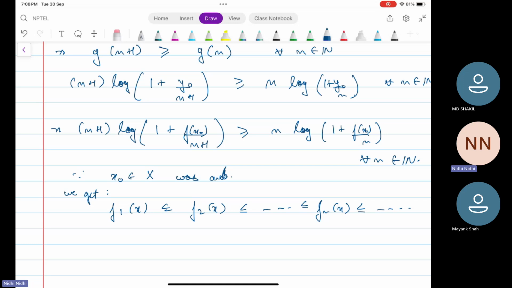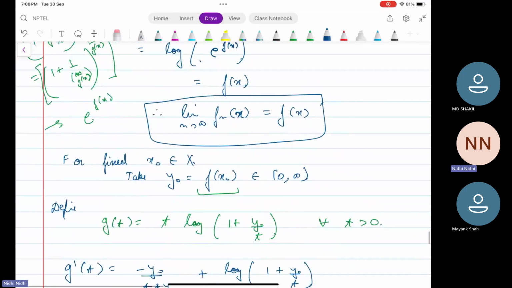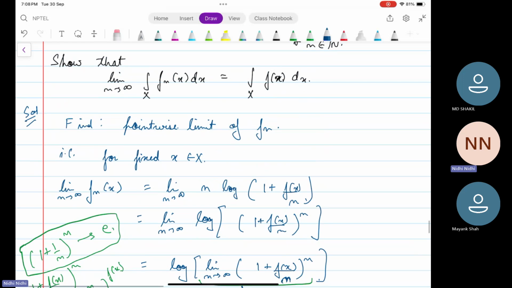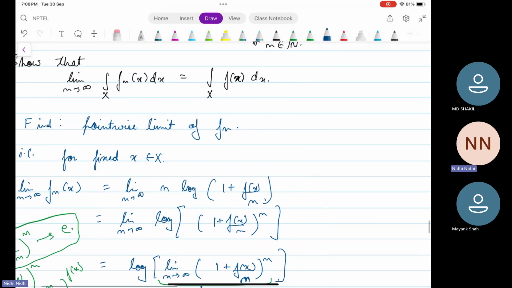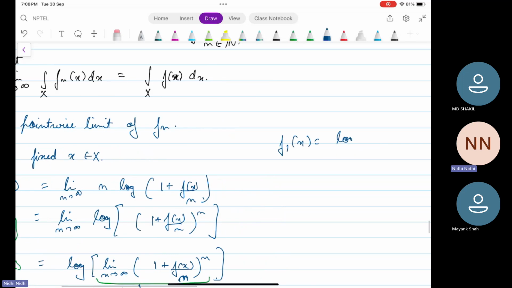And obviously this is a sequence of positive functions, because what will be f1? f1 of x is just log of 1 plus f of x. Now since f is a positive valued function, this 1 plus f of x is greater than 1, so eventually this will be greater than or equal to 0.